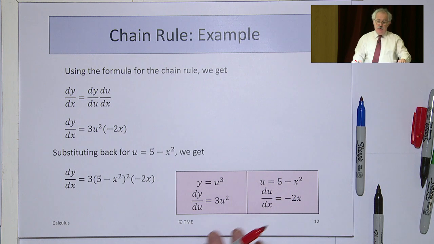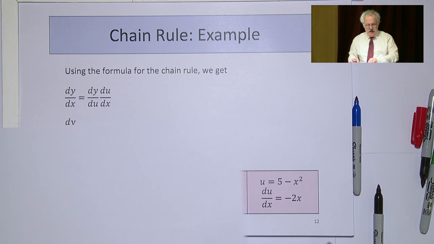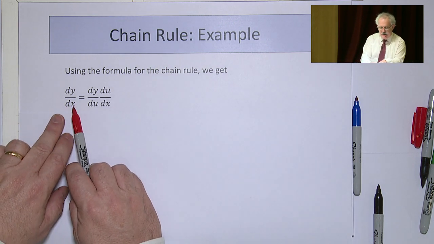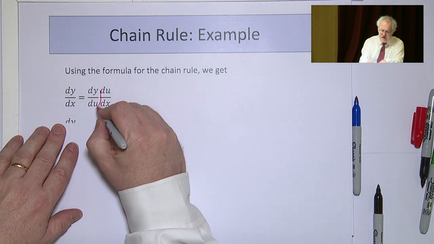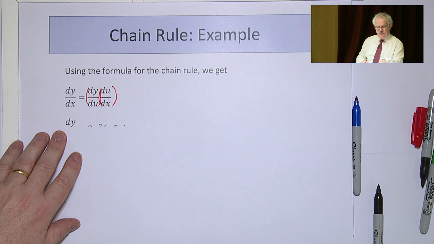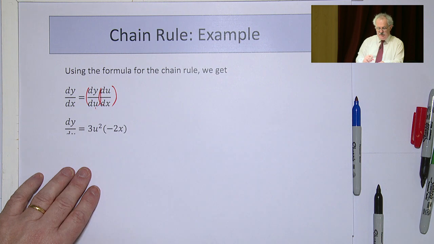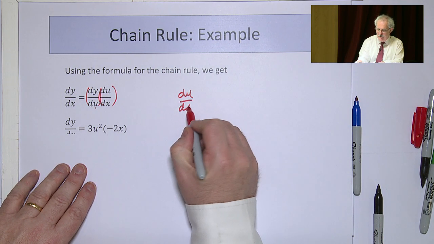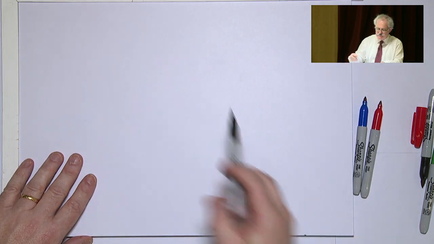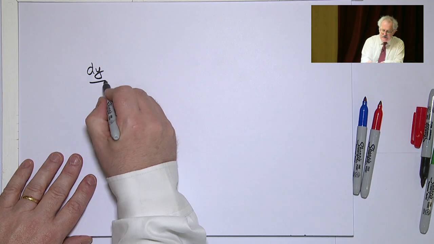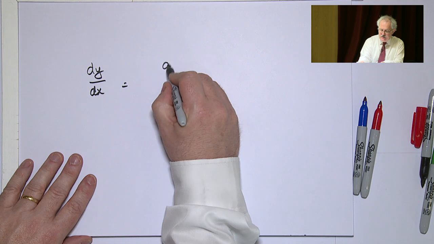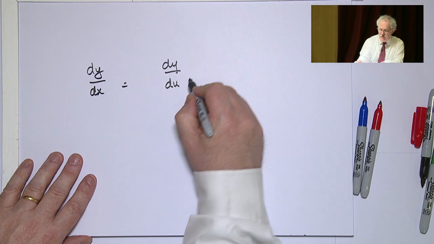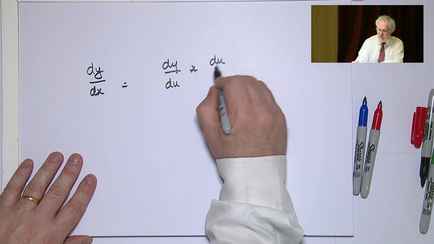And with the chain rule, it's really neat, but dy/dx is actually given as the multiplication of two things, dy/du times du/dx. So dy/dx is equal to dy/du multiplied by du/dx.